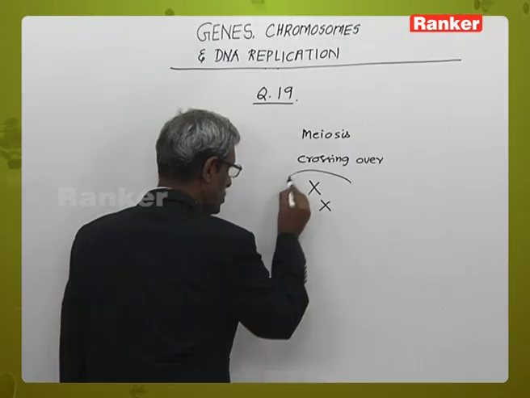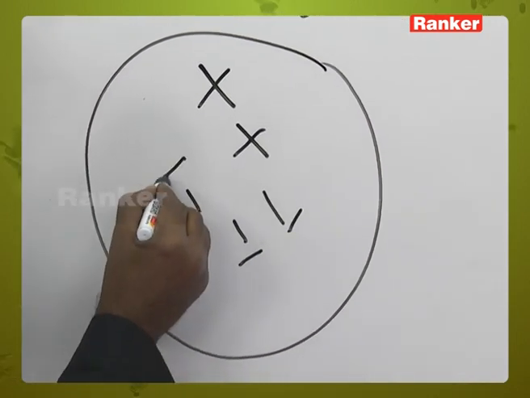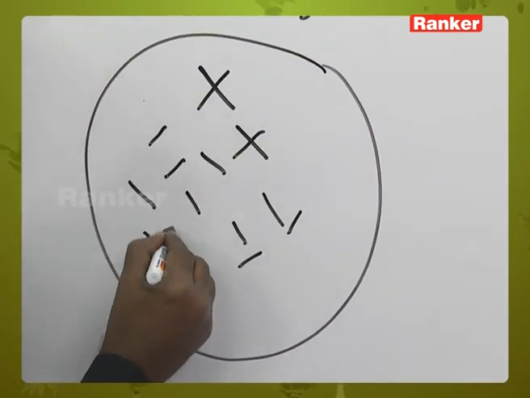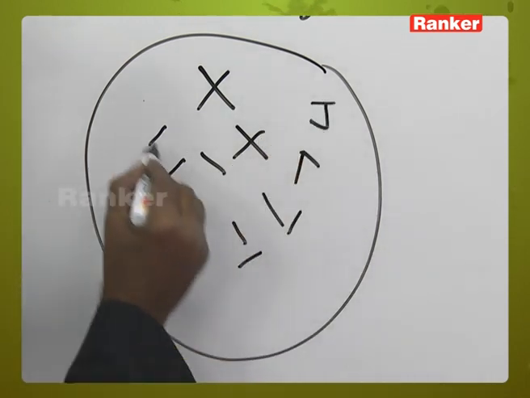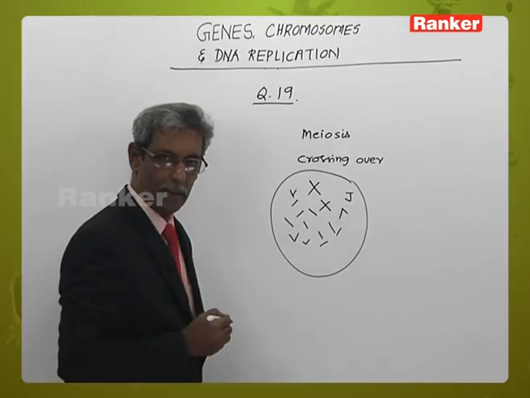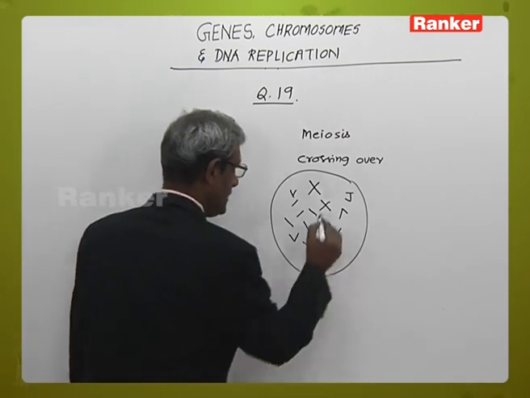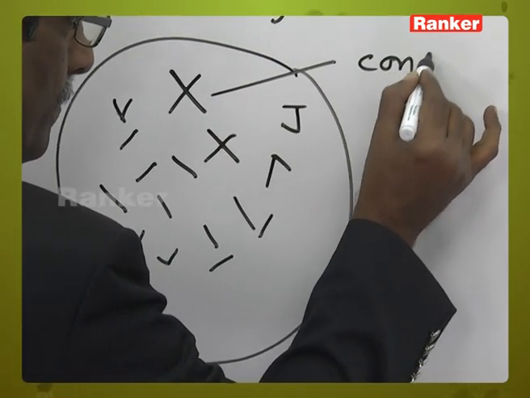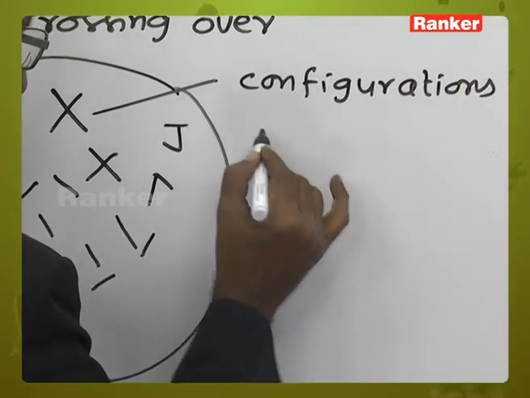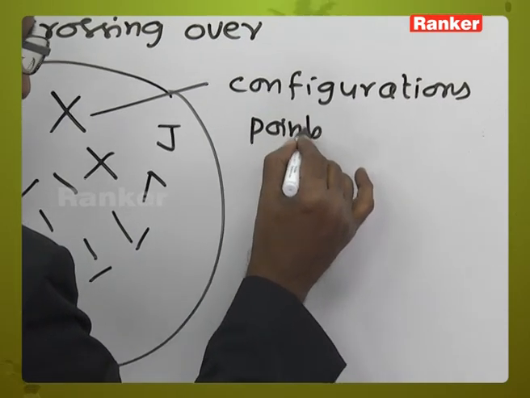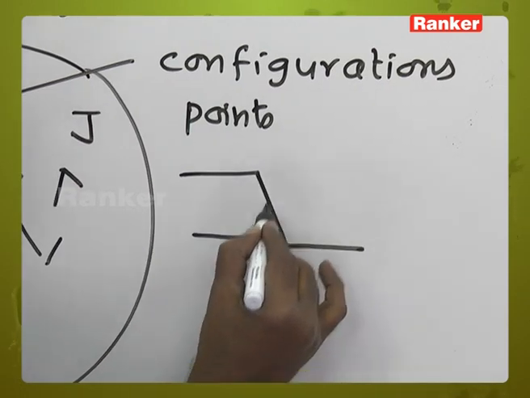When you look under a microscope, you find that chromosomes can be varied. It can be like an L, or like a J, or like a V. The points where a genetic exchange of chromatin material occurs, these X-shaped configurations or the points of exchange where there is exactly reciprocal exchange of the genetic material.